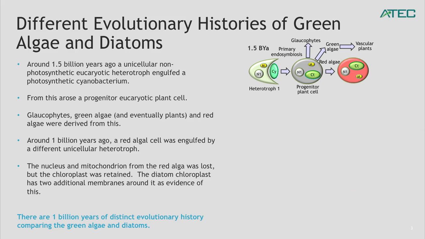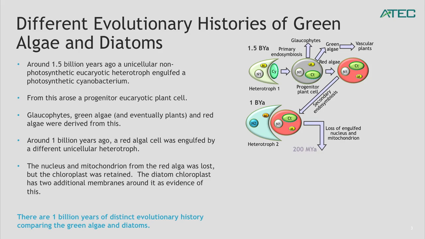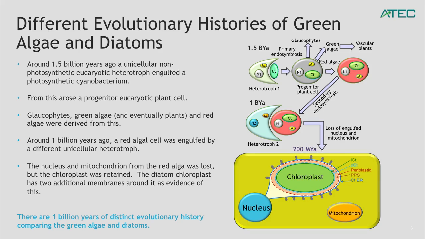About 1 billion years ago, there was a secondary endosymbiotic event where a different heterotroph engulfed the red algal cell. And over time, the nucleus and the mitochondria from the red algal cell were lost, and the chloroplast was retained, and we have now the structure of what is typical for a diatom.